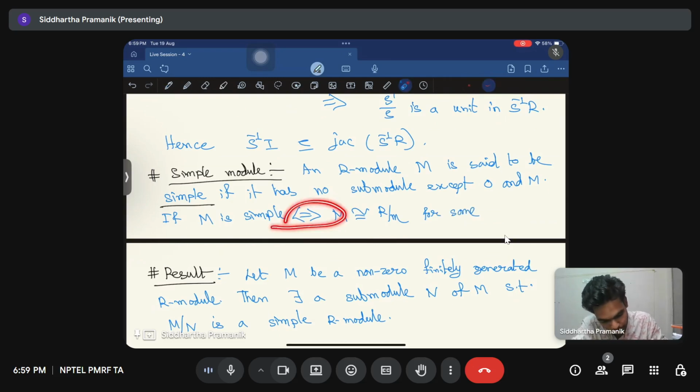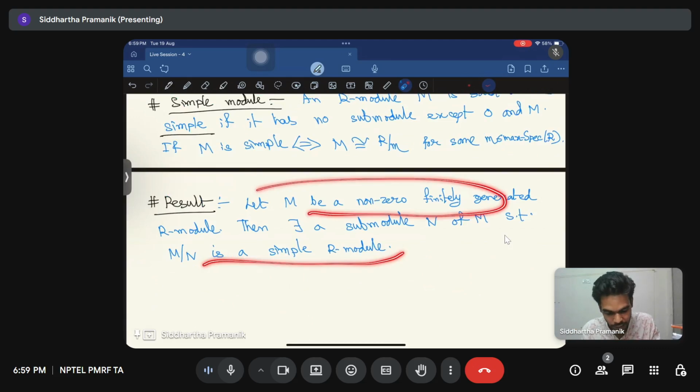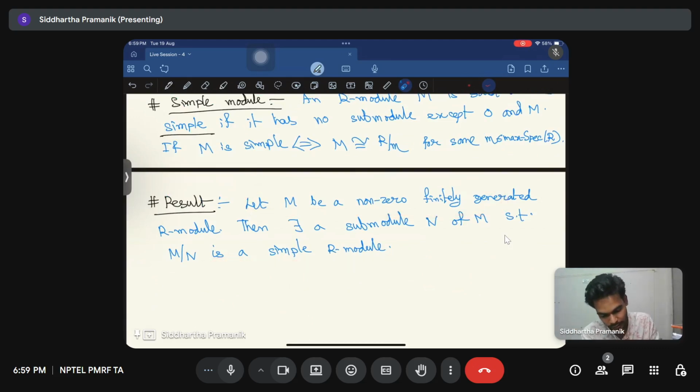M is simple if and only if M is isomorphic to R mod m for some maximal ideal of R. So this is the description of a simple R module, or the structure, and this is one result, that if a module is finitely generated and it is non-zero, then there must exist a submodule of it such that this quotient is a simple R module. Now let's use this to give a different proof of Nakayama's lemma.